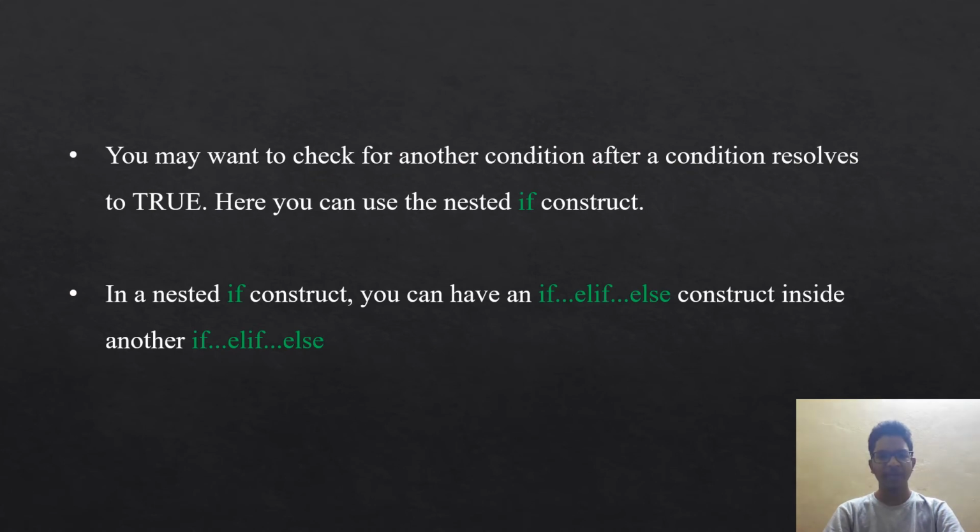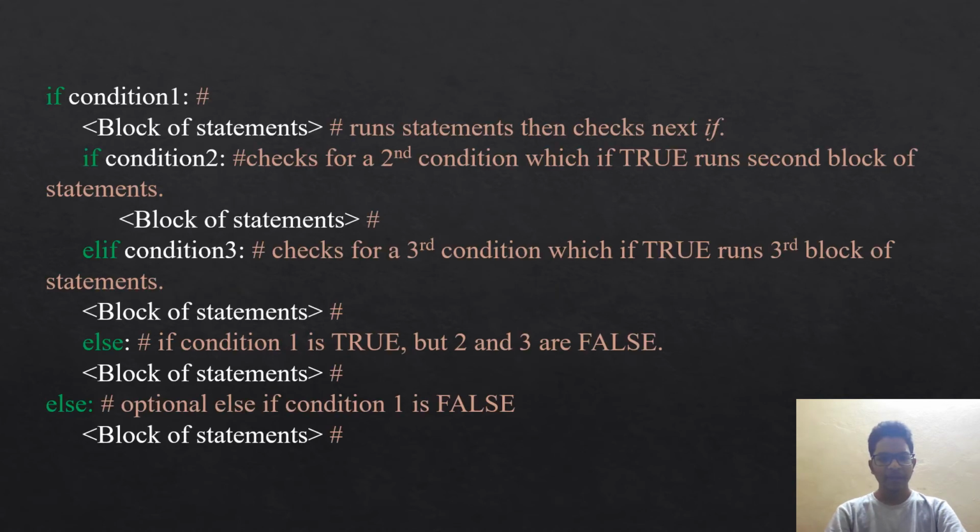Here you may want to check for another condition after a condition resolves to true. For that you can use the nested if construct. In a nested if construct, you can have an if-elif-else construct inside another if-elif-else. If condition 1 is true, its block of statements runs, then it checks the next condition.